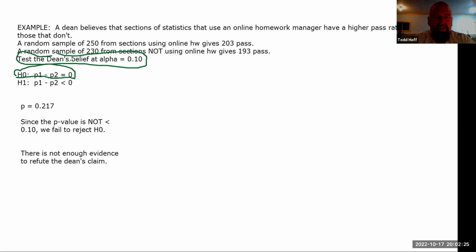If we were asked to try to show that the dean is wrong, we would end up with the same hypotheses, because the alternative hypothesis would be the dean being wrong. So what we would like to show always becomes the alternative. What we're trying to test is the null.